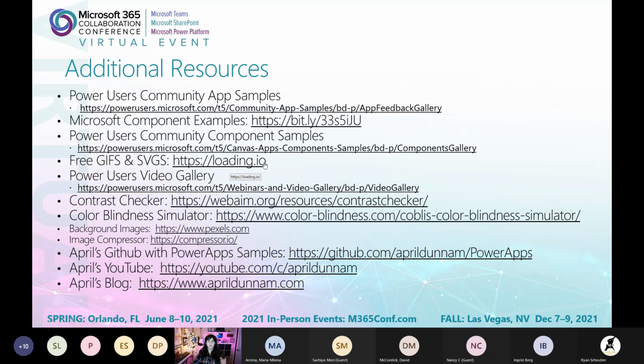Loading.io is a good website to get free GIFs and SVGs. And there are a few resources from an accessibility standpoint for contrast checking and color blindness. I also have some app samples. All the apps I showed you today, like the desk reservation, the time off, and all of that, I have available to download for free on my GitHub as samples, so that you can use those and see some of the patterns that I used there.